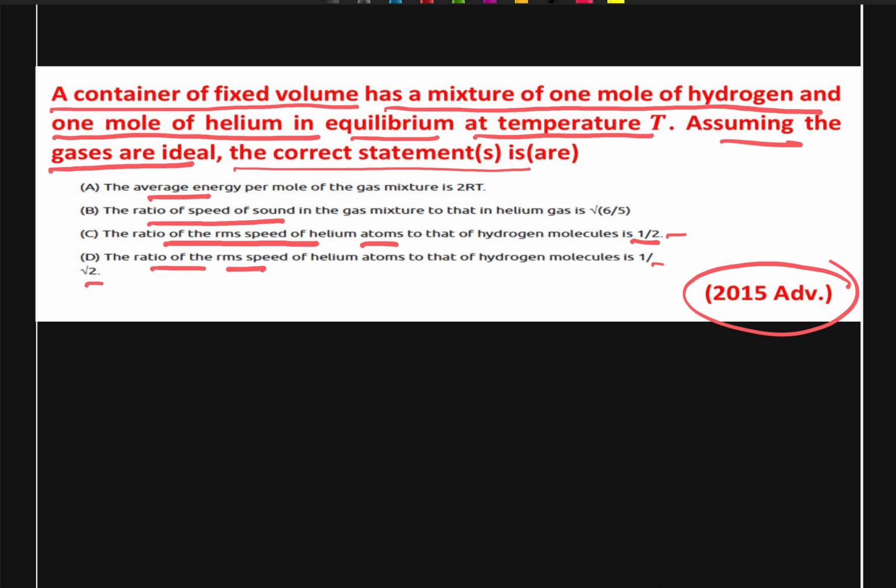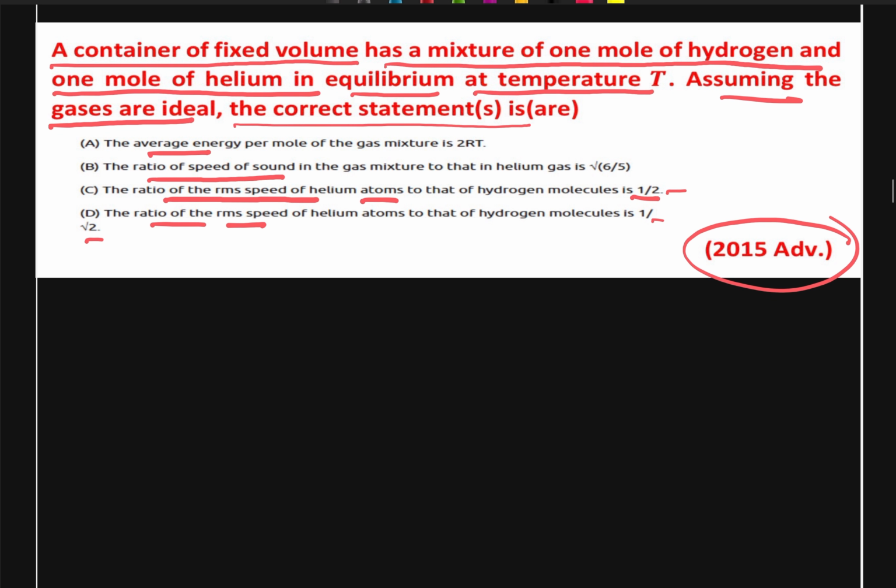So we are given two gases, hydrogen and helium, and both are having 1 mole.